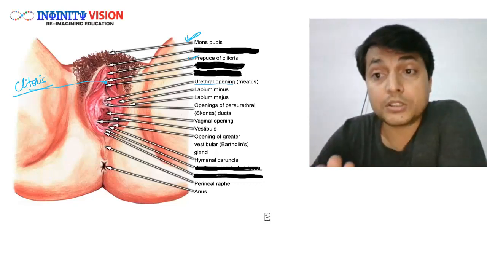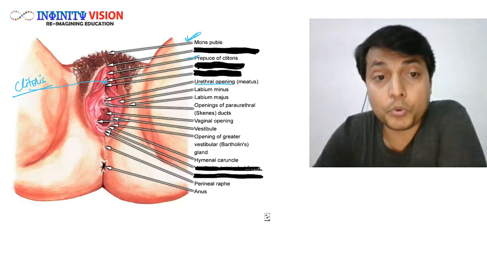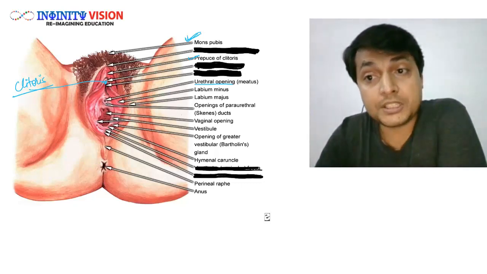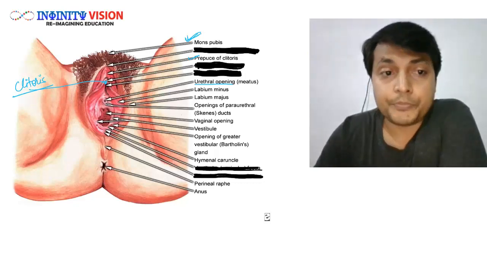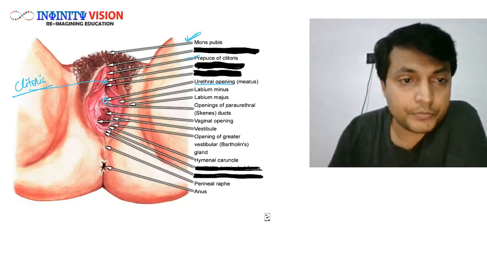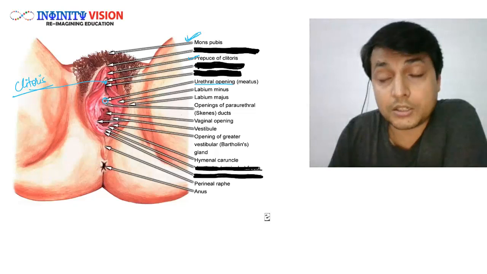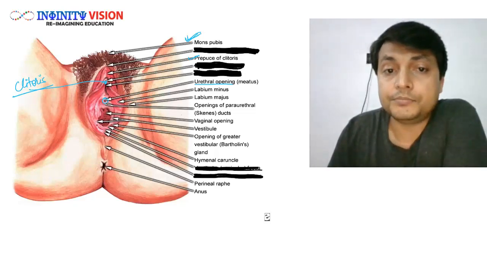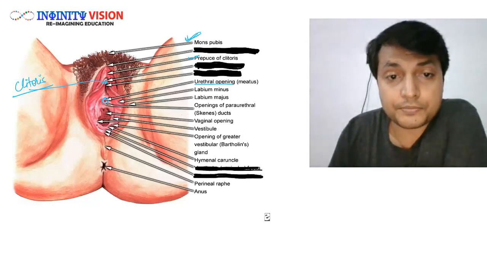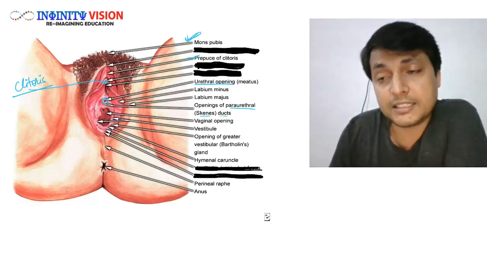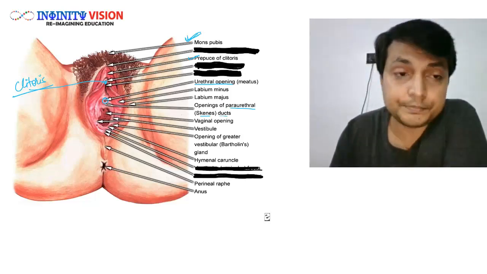The urethra opens through a separate pore, whereas the vagina opens separately. So this upper pore, see here, is the urethral opening or urethral meatus. On the side of it you find a small gland called the paraurethral gland or Skene's gland. They open here.